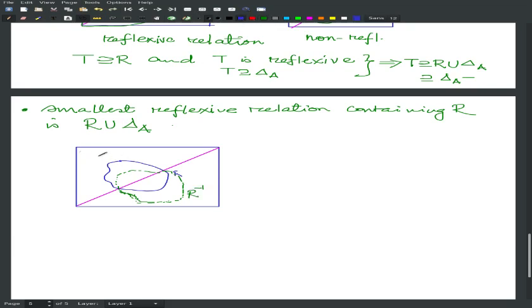So this is obtained by reflecting R along the diagonal. So that's the idea of symmetry. You can see when the diagonal is a line of symmetry of R, that's what symmetric relations are.